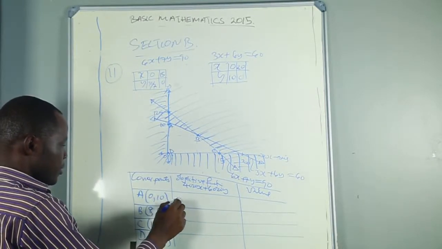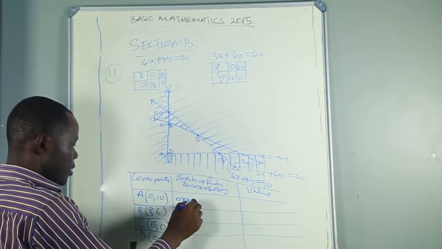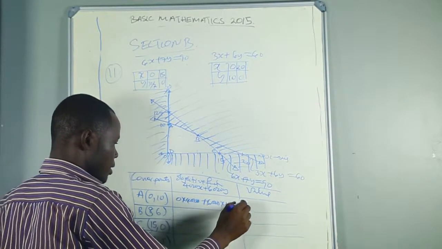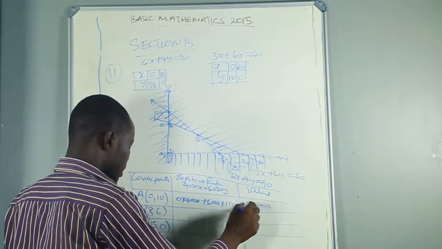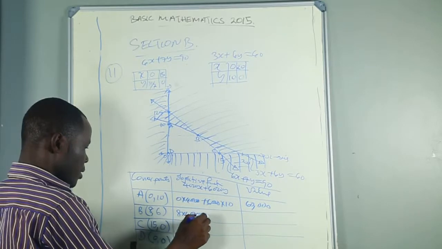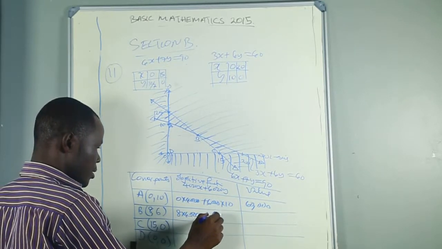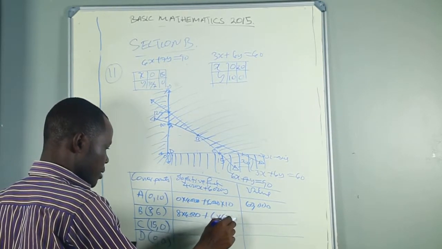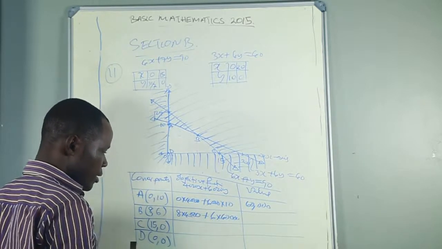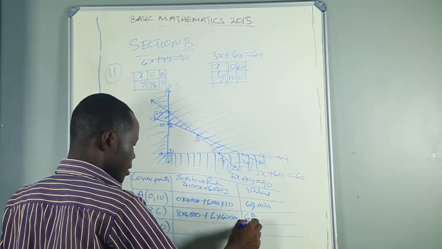So this is 0 times 4,000 plus 60,000 times 10. This is 600,000. This one is 8 times 4,000 plus 6 times 60,000. Now this is 32,000 plus 36,000, it is 68,000.